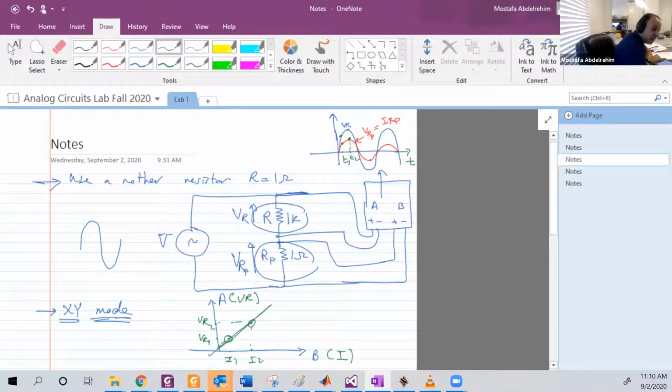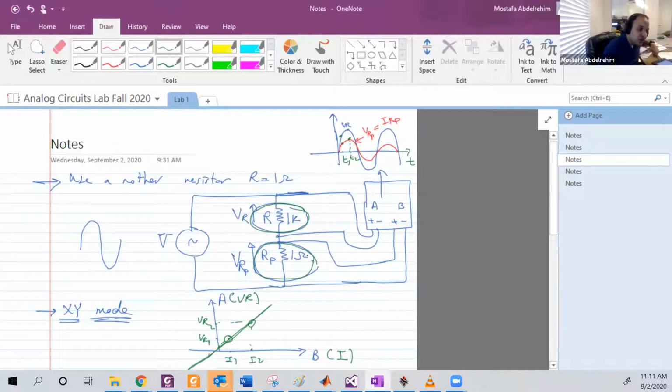So in XY mode of the oscilloscope, if you have on channel A, VR, and on channel B, VRB, which is equal to IRB, without XY mode you will see just two sine waves on top of each other.